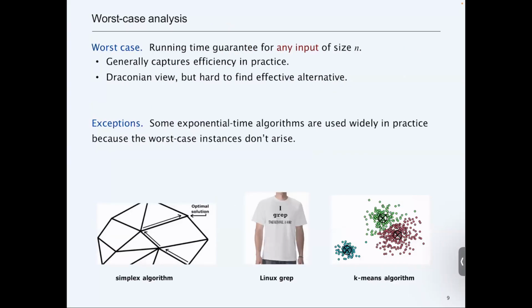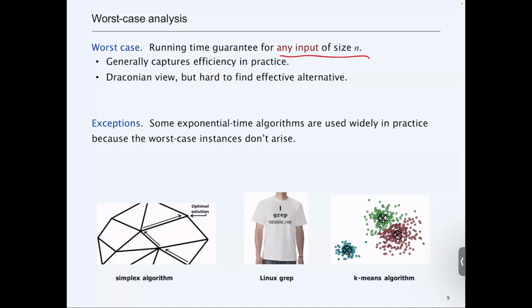The main type of analysis that we're going to be using in this course is what we call worst case analysis. Worst case analysis asks: what is the maximum runtime over all possible inputs of size n? Instead of asking what usually happens, we ask what could happen in the worst possible scenario.